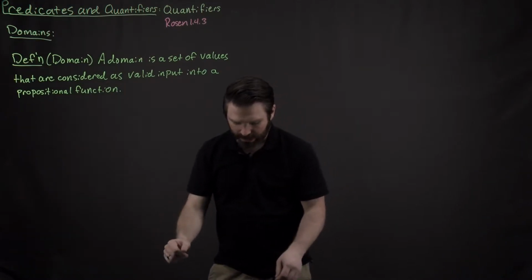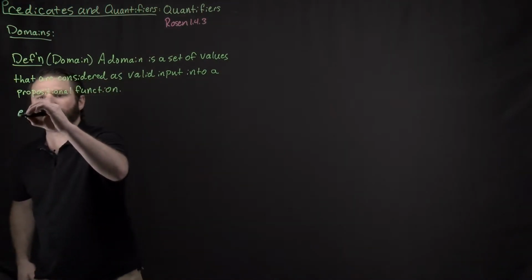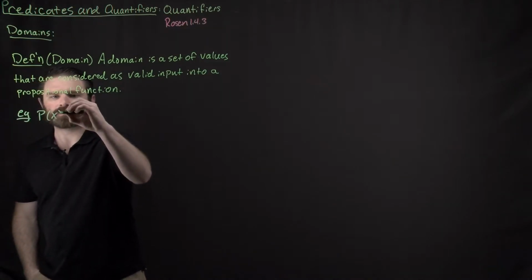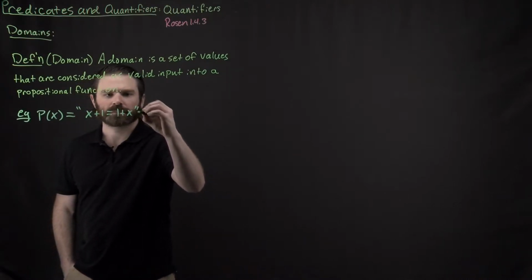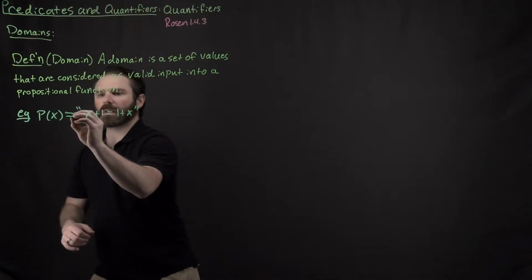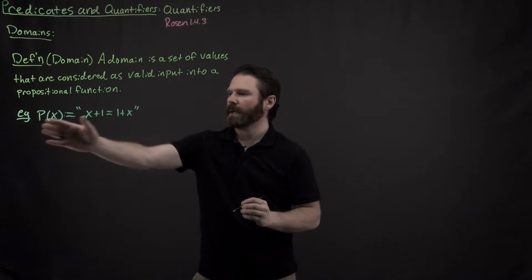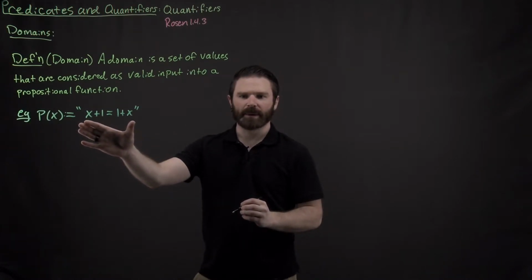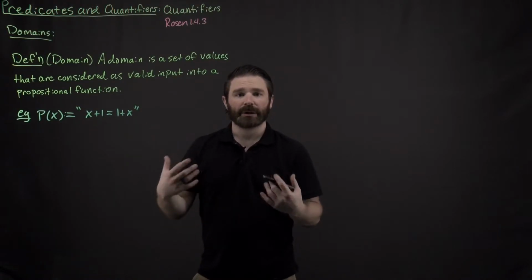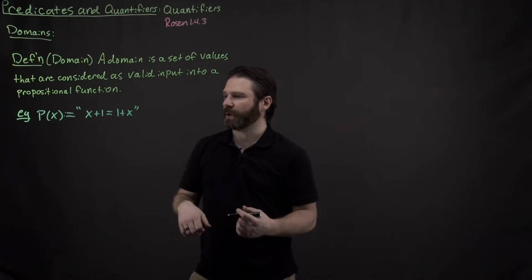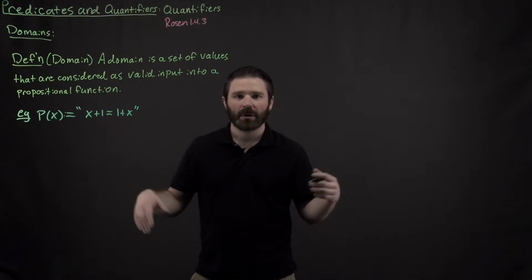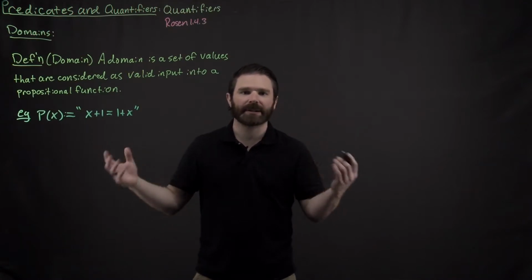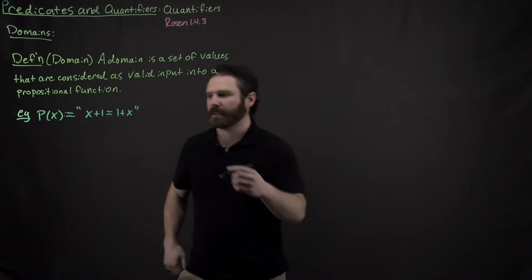So for example, if you were to see some propositional function defined as follows, x plus 1 equals 1 plus x, then a domain that we could consider for this particular propositional function could be something like the set of all real numbers, or the set of all natural numbers, or integers, or anything like that.